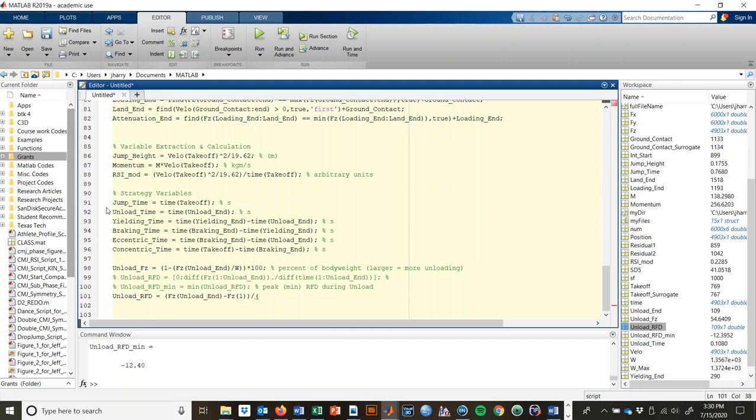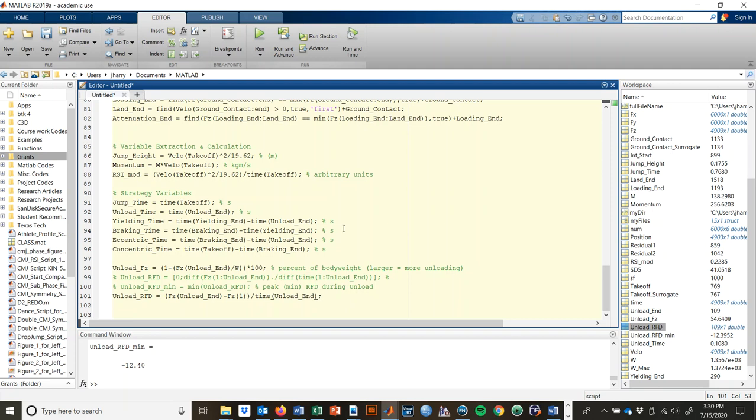we could technically divide by unload time, but let's just keep this as a calculation. That way there's no confusion in terms of whether or not it's trying to recalculate this time or pull from this variable, just to keep things straight. So there's that.